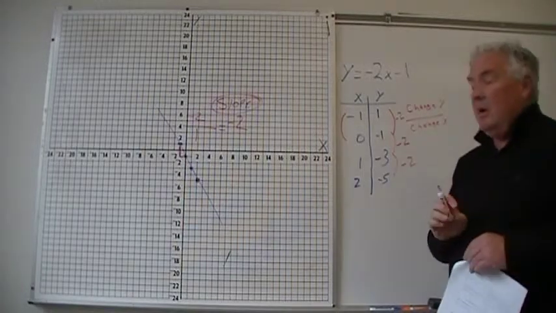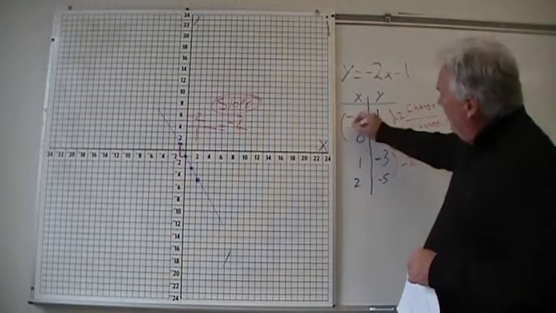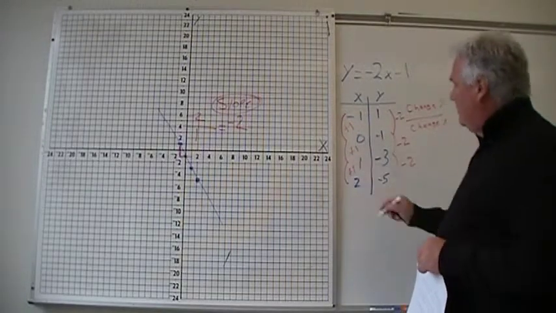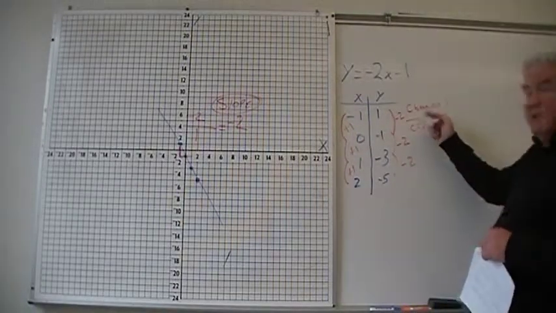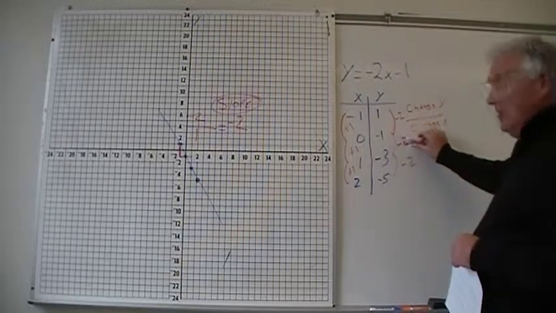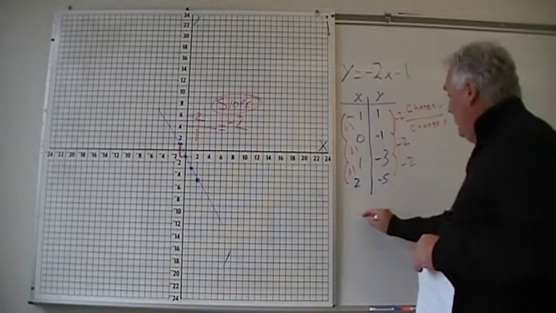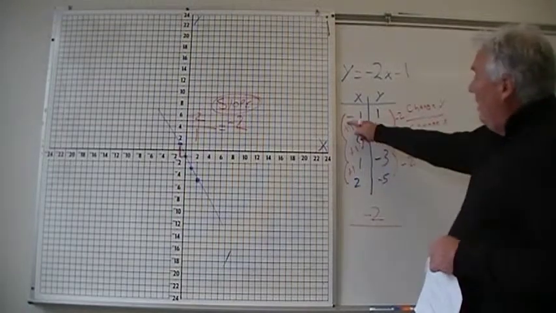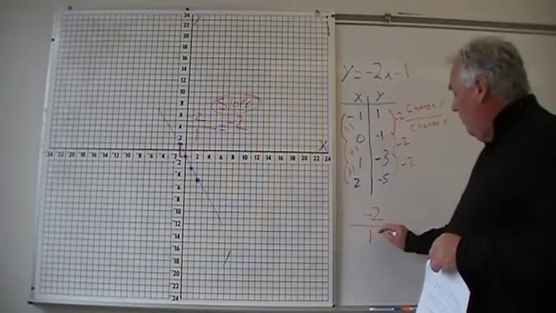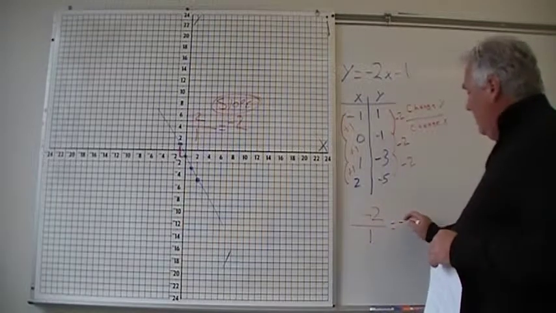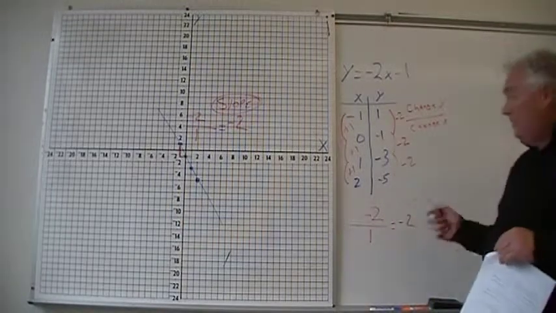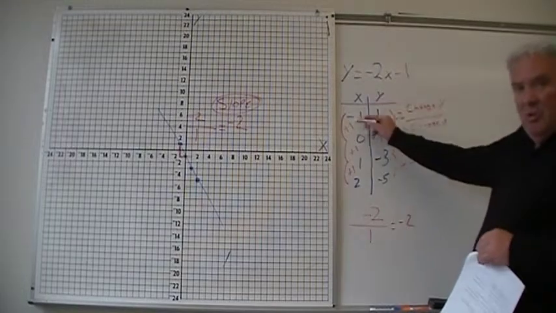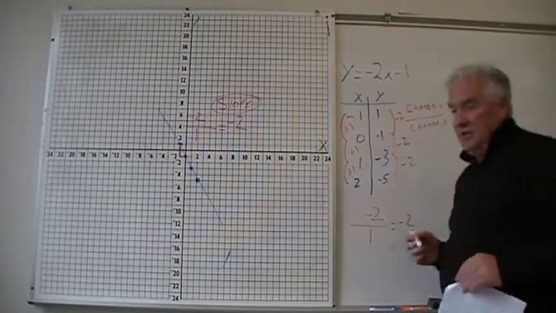And that would keep on going. How about from here to here? +1, +1, +1. What was our change in y? What was the constant rate of change? -2. What was our change in x? 1. Change in y over change in x. That's how we look at it when we deal with points.